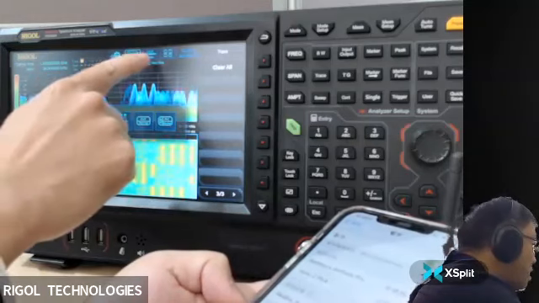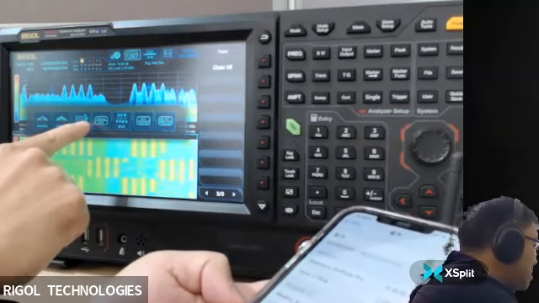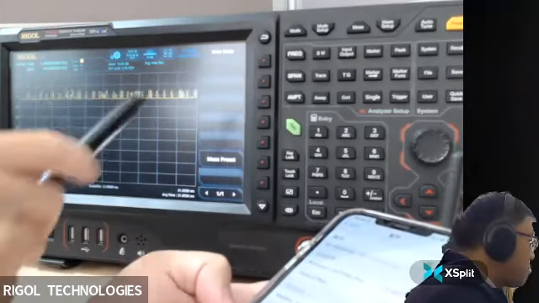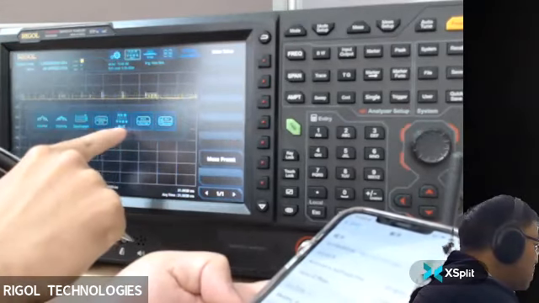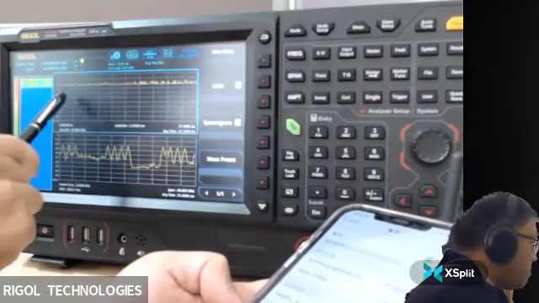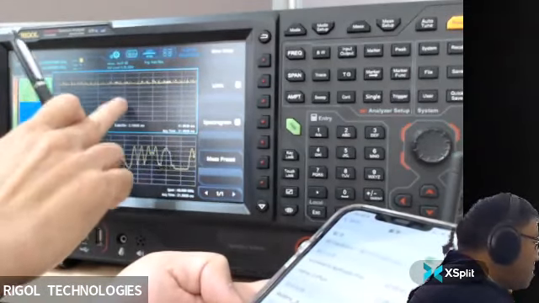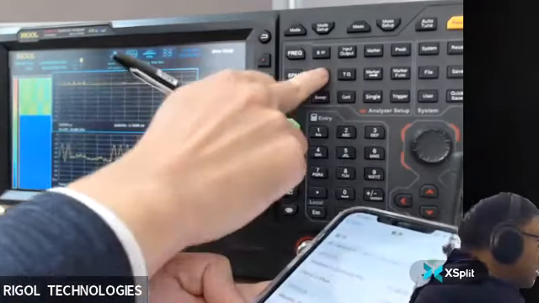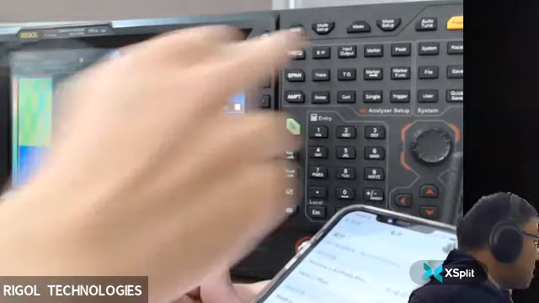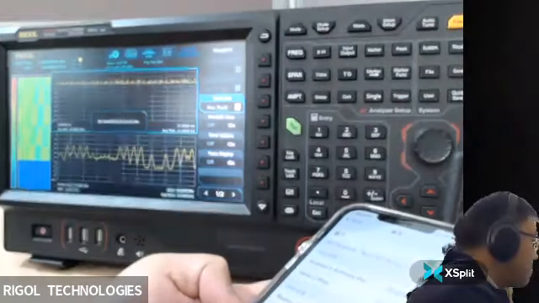And with the other one, you can see this one is the power sequence. It can show 3 types. It is the power versus time. You can see this one, trace. Auto tune, this one.